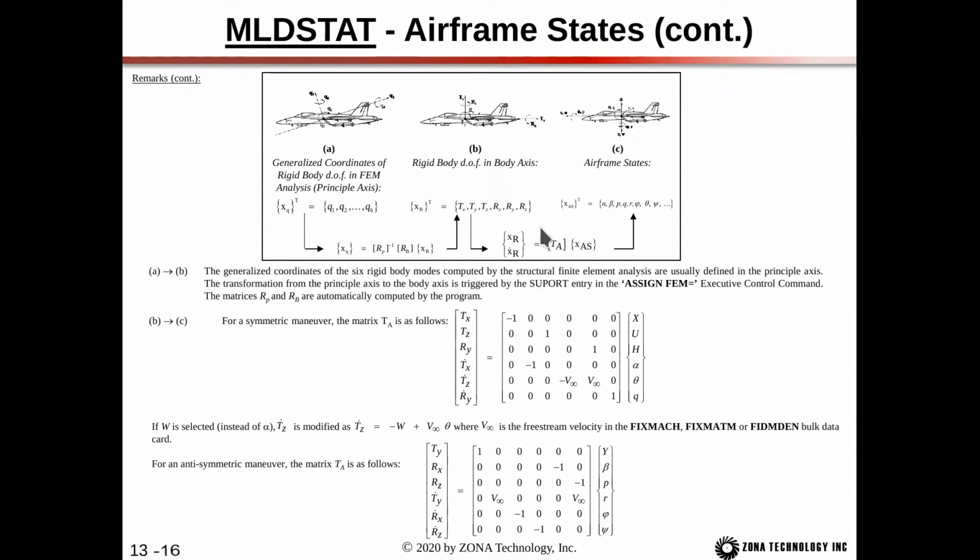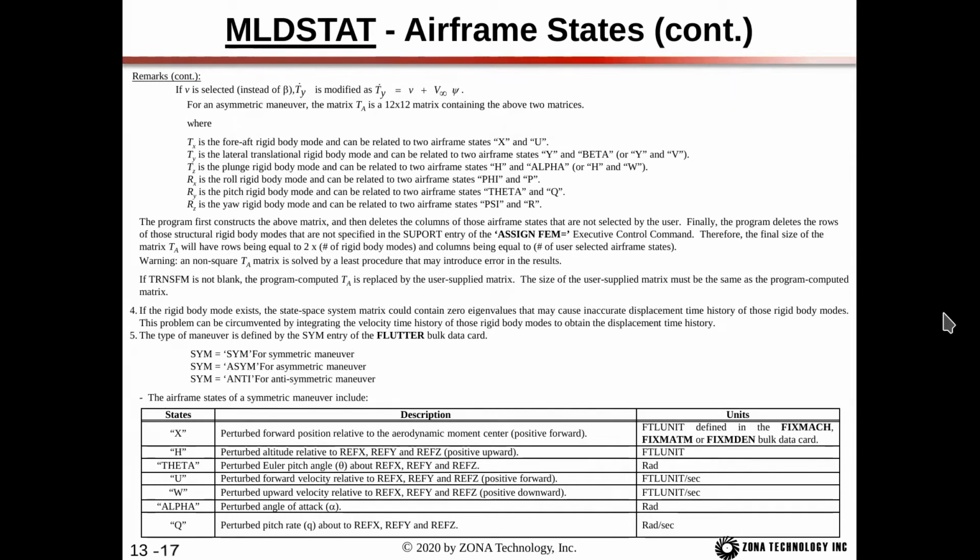So this step converts the rigid body degrees of freedom in the body axis to the airframe states. ZEUS will do this conversion, the principal axis to rigid body degrees of freedom, when you specify the support entry in the assign FEM. Let's see.